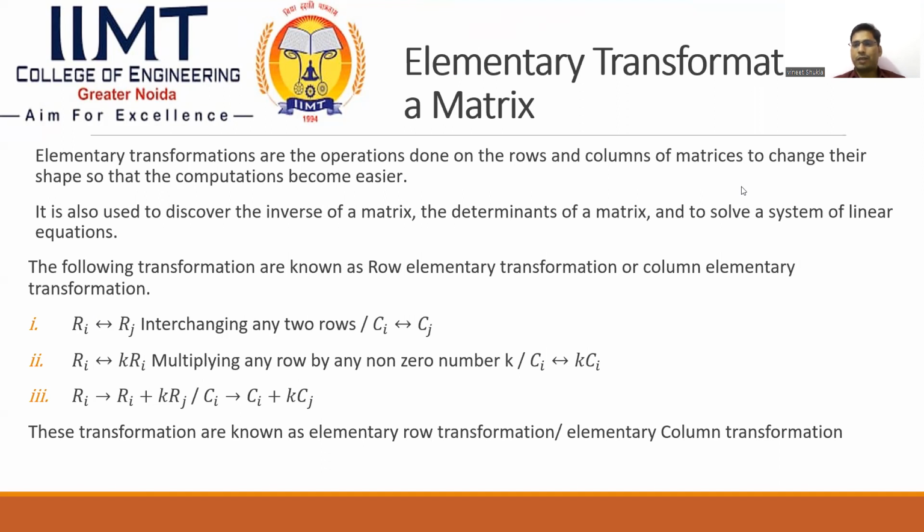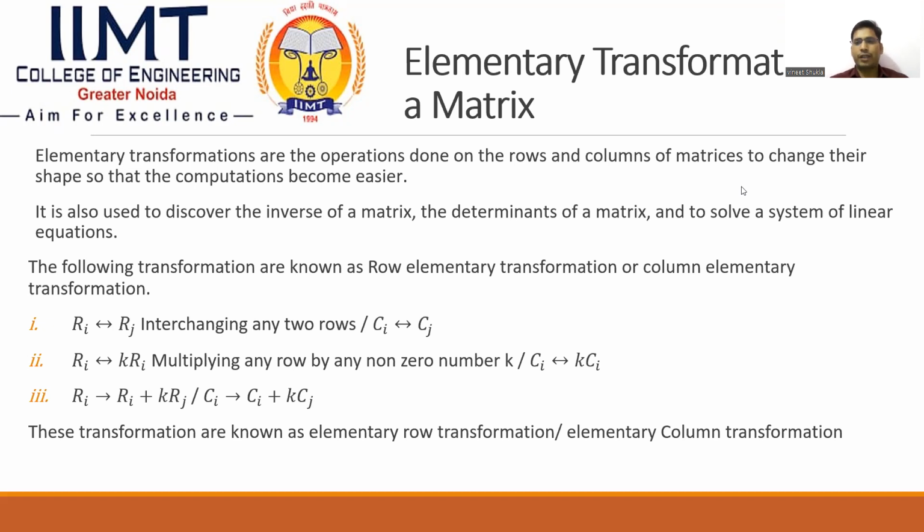First is Ri to Rj, interchanging any two rows Ri and Rj, or interchanging any two columns Ci and Cj. Second is Ri to kRi, multiplying a row by any non-zero number k, or Ci to kCi, multiplying any column by a non-zero number k.